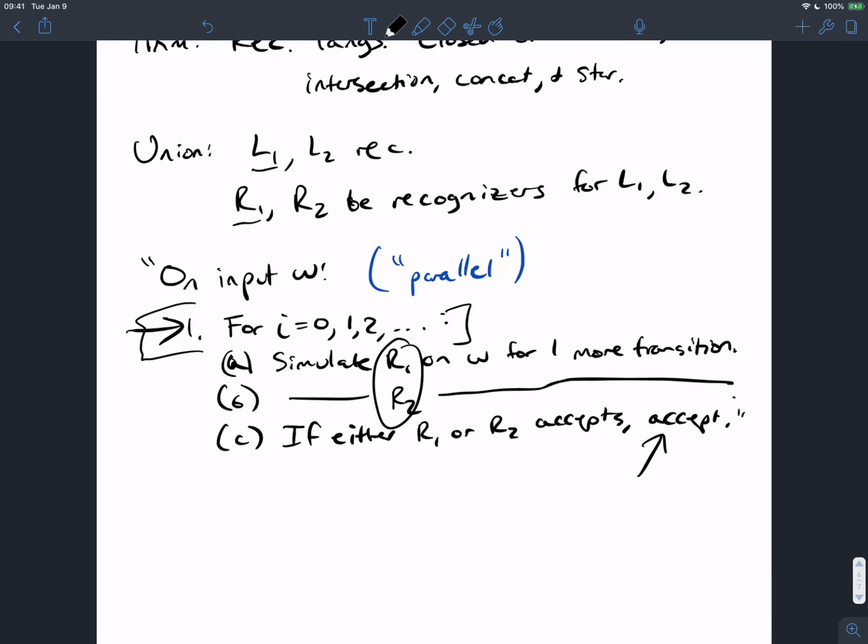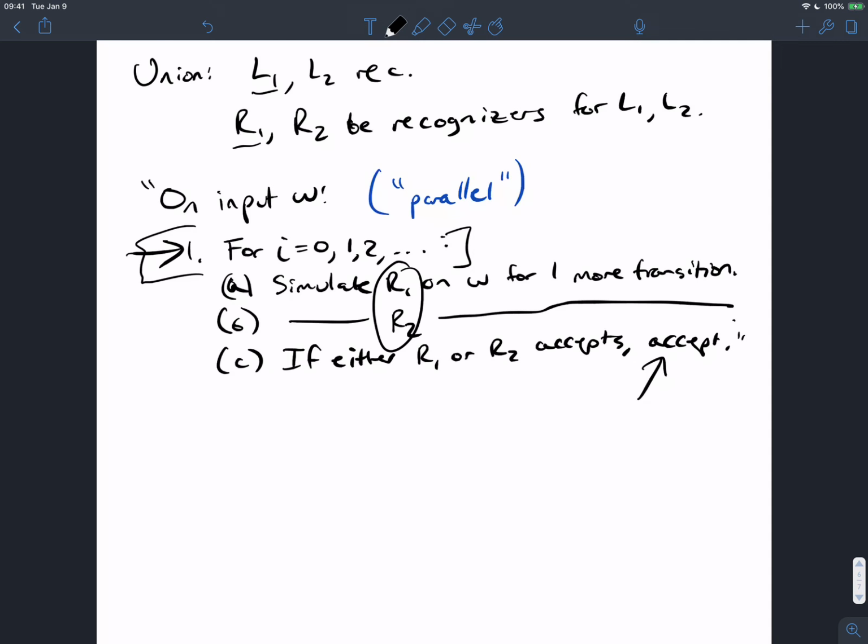We'll show some languages that are recognizable and not decidable, so there needs to be a distinction here. If they were the same, then I would have proved that first, but they're not. So it's just a natural consequence of the definition and the fact that there are undecidable but recognizable languages.